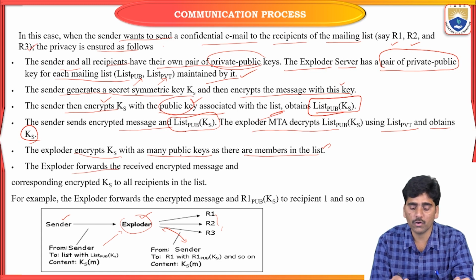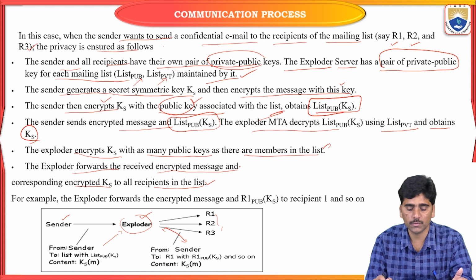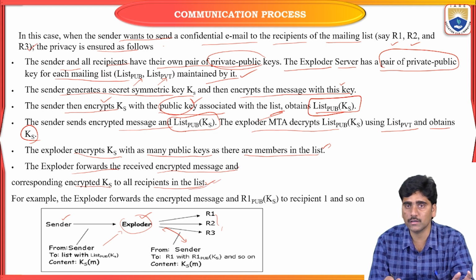Now the exploder forwards the received encrypted message and the corresponding encrypted keys to all recipients in the list. For example, the exploder forwards the encrypted message and keys to recipient 1 and so on.